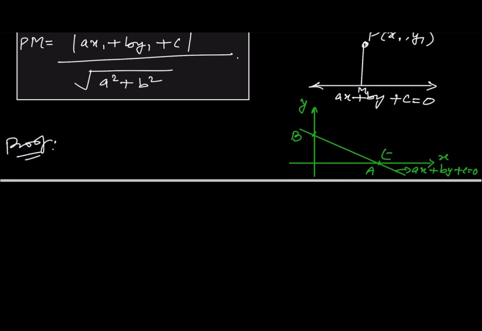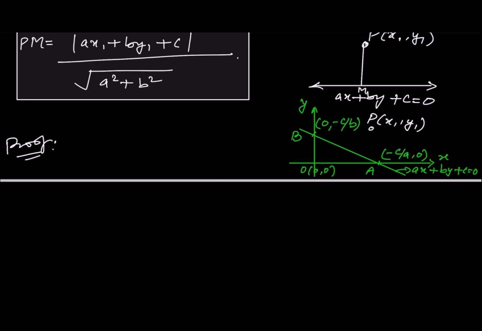So A is minus c by a comma 0 and B is 0 comma minus c by b, right? And this is origin. Now let's say this point is P, x1, y1.